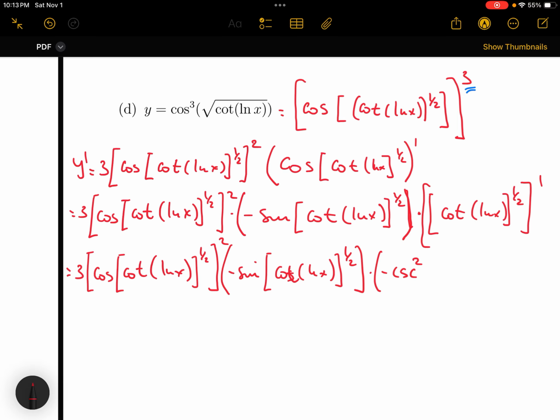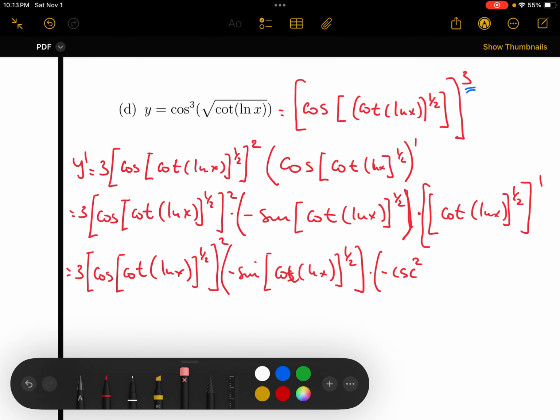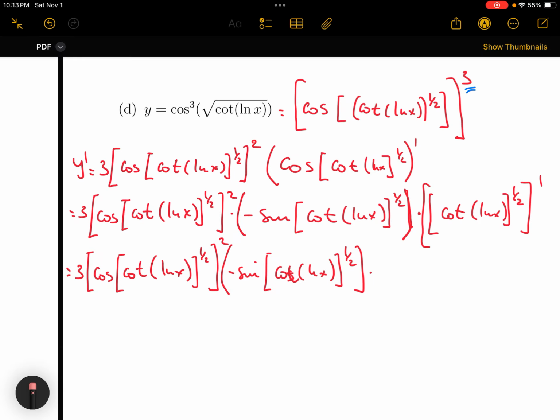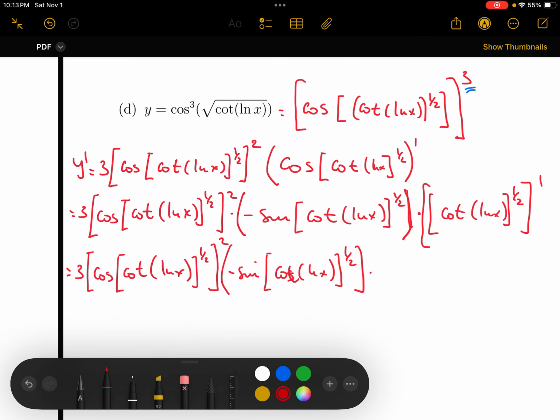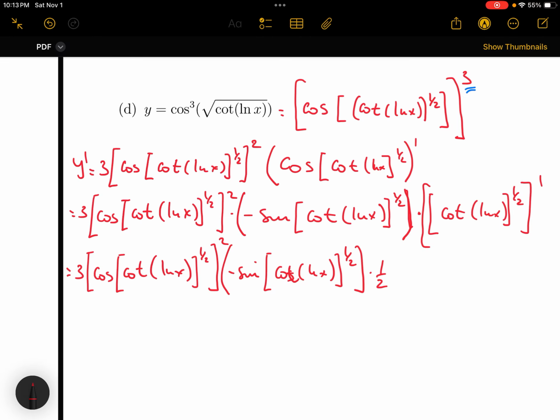Oh no, it's to power 1/2, my bad, sorry. I forgot that exponent there. So times 1/2 times cotangent of ln of x to power negative 1/2 times the derivative of cotangent of ln of x, prime.